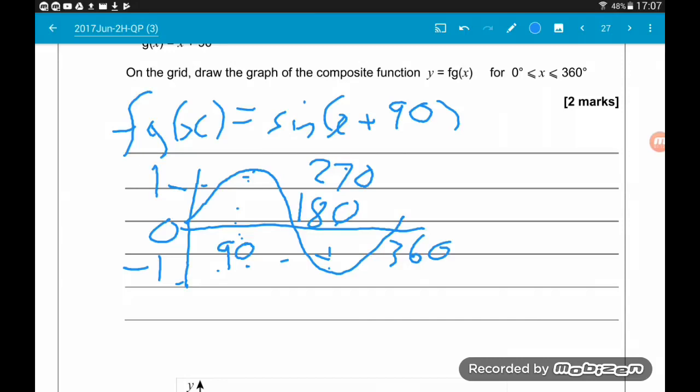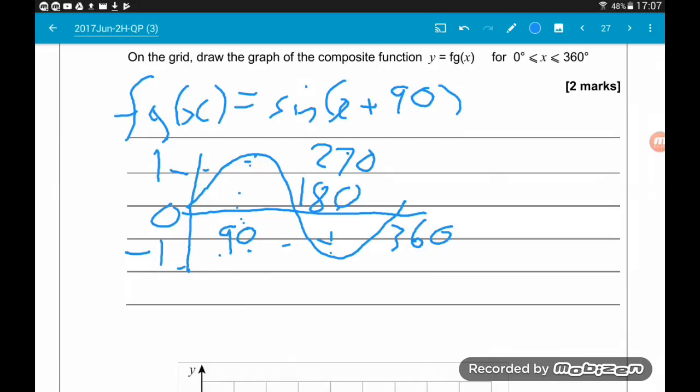What is sine of x plus 90 going to look like? It's a shift 90 degrees to the left. So everything happens 90 degrees faster. So the peak is actually going to happen over here on the y-axis.